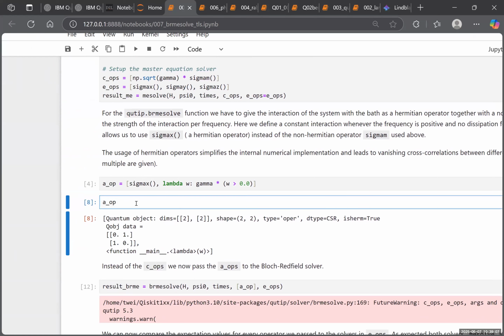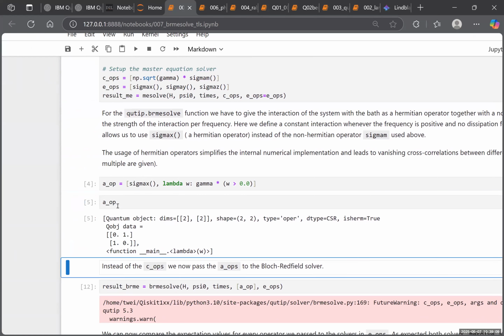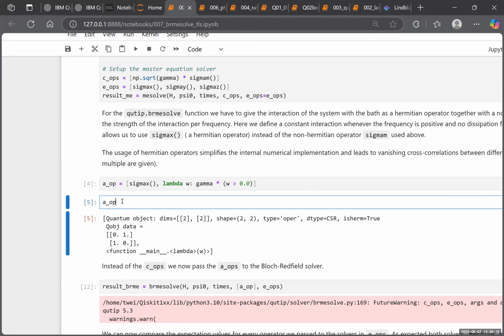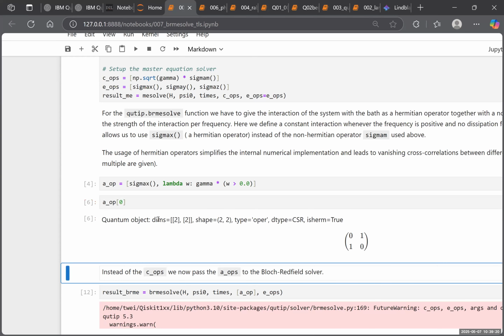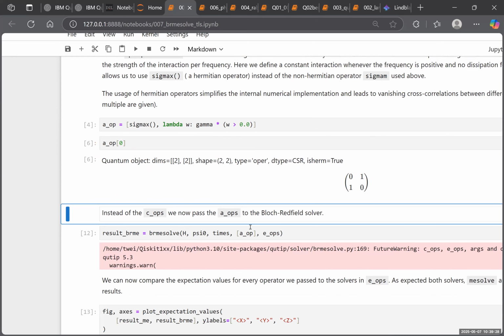Okay, so I mean, you can print this. This operator is an object. For example, this is the Qobj object, but there is an implicit frequency that you can set.